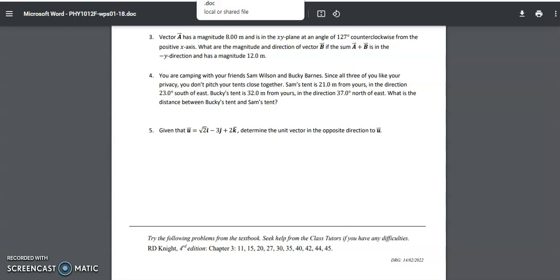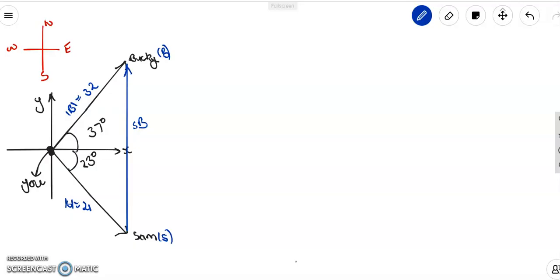So this is the east direction, and Sam's tent is 23 degrees south of that direction. This is where Sam's tent is. And Bucky's tent is 37 degrees north of east. That's where Bucky's tent is.